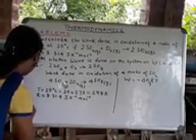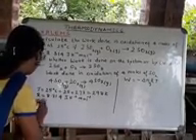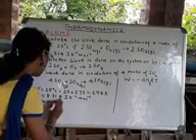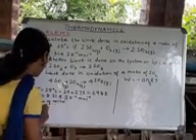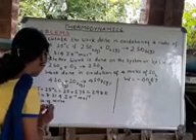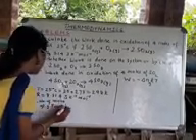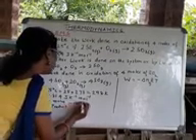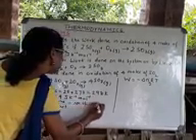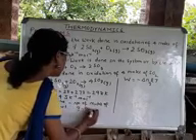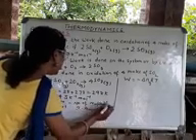So this delta n_g, when you find it out, the formula is the number of moles of gaseous product minus the number of moles of gaseous reactant.